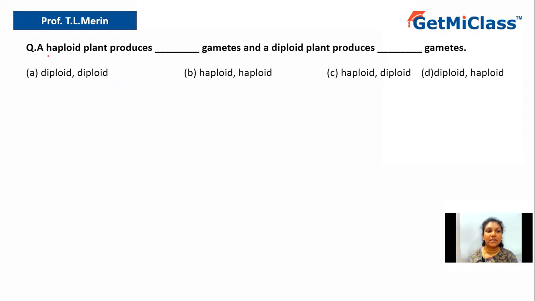The question says a haploid plant produces dash gametes and a diploid plant produces dash gametes. So we have to speak about the types of gametes which are produced by the haploid plants and the diploid plants. So what do you mean by haploid plants?